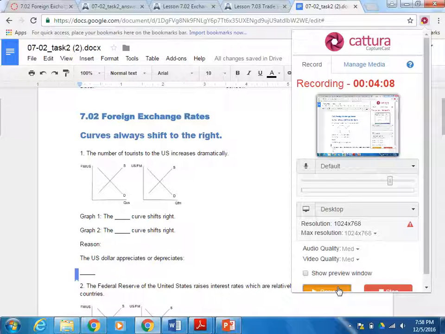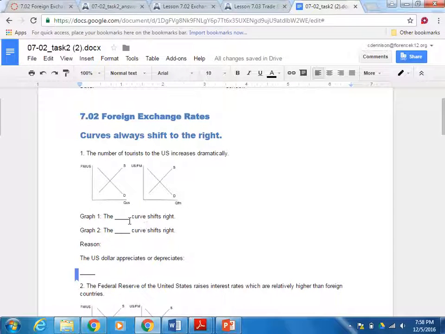Number 3: the Federal Reserve of the United States lowers interest rates, which are now relatively lower than foreign countries. This one's a little bit tricky. What's going to happen here is in the first graph, the supply curve is going to shift to the right, and in the second, the demand curve is going to shift to the right. The reason is that businesses are going to want those higher interest rates, so they're going to start looking to foreign countries, because foreign countries have a higher interest rate.